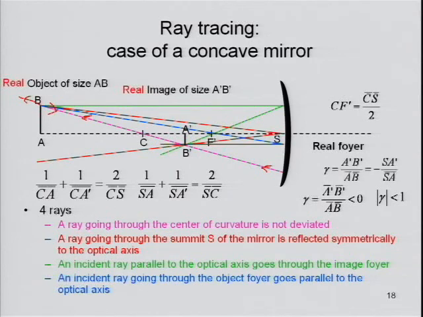The expression of the magnification for a mirror is minus S A prime bar over SA bar. You will see that these equations are precisely the same for a convex mirror as well, and you don't need to take care about the sign of the focal length. Very important detail. 2 out of the 4 rays were sufficient.